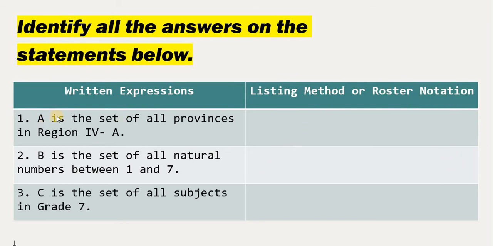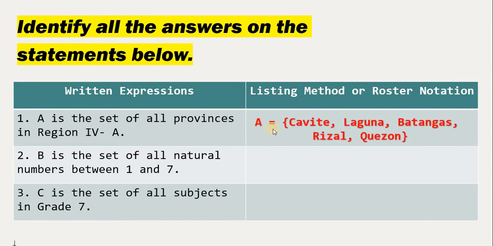For number 1, A is the set of all provinces in region 4A. So, again, well-defined siya, diba? Kasi, alam naman natin kung ano lang yung mga provinces na nasa region 4A. Which are the Calabarzon, diba? Ayan. So, A is equal to Cavite, Laguna, Batangas, Rizal, and Quezon. So, naka-listing method na siya or roster notation.